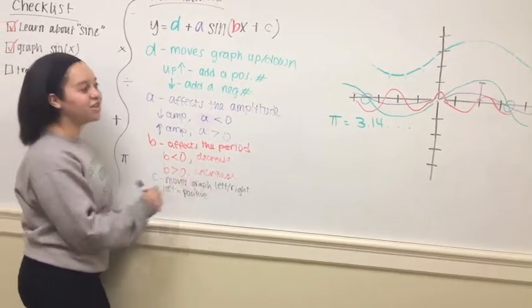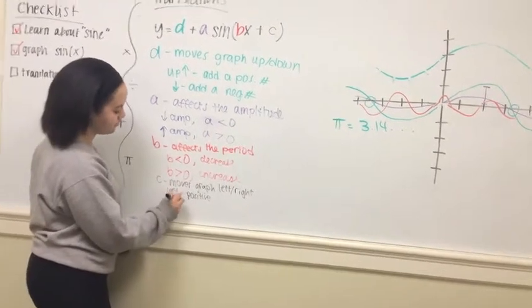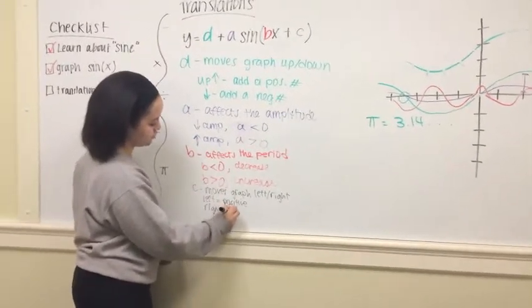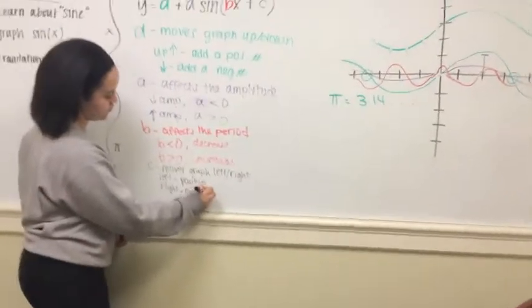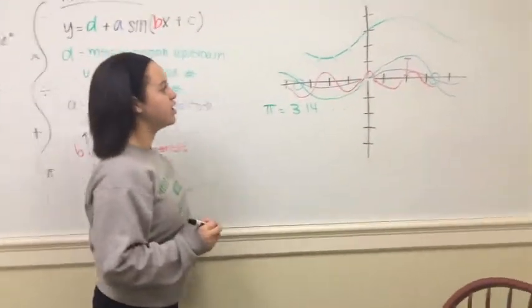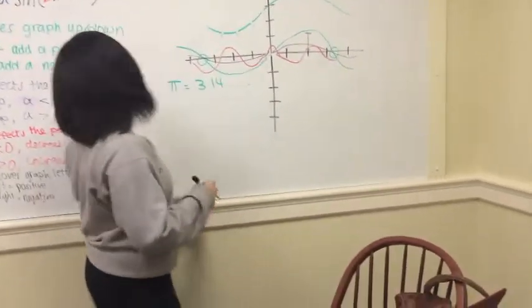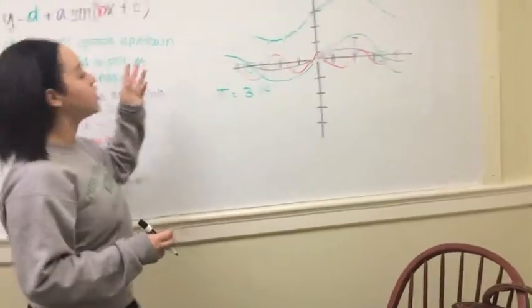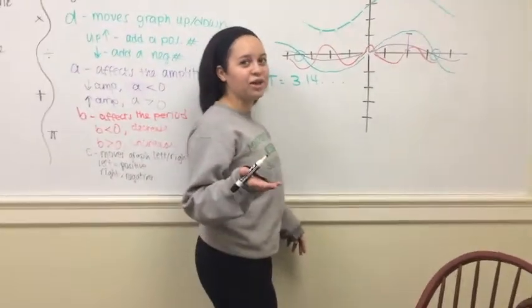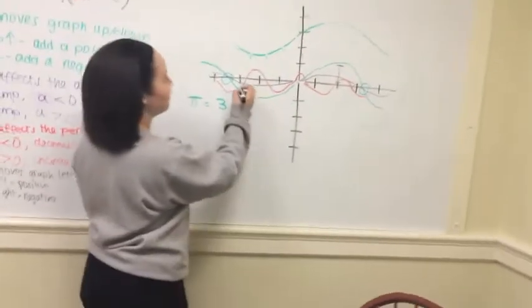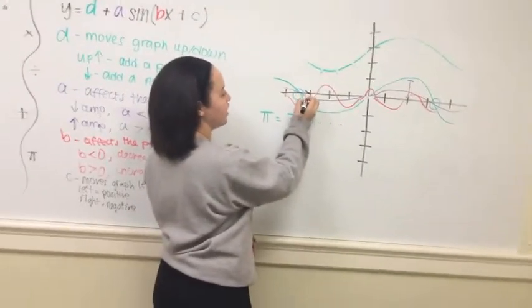If you want to move the graph right, you have to use a negative number. So let's say we did sine of x plus 3. You would move the graph over here, and it would start over here.